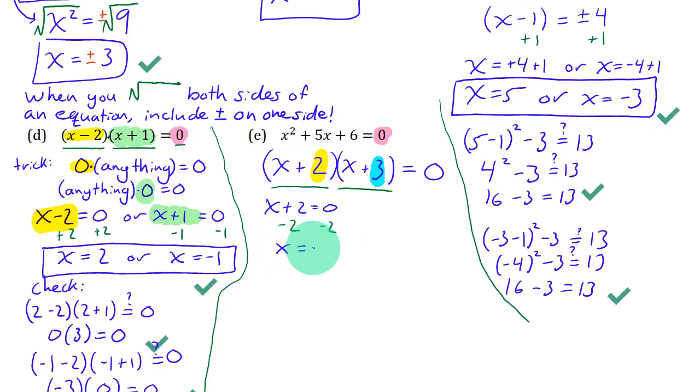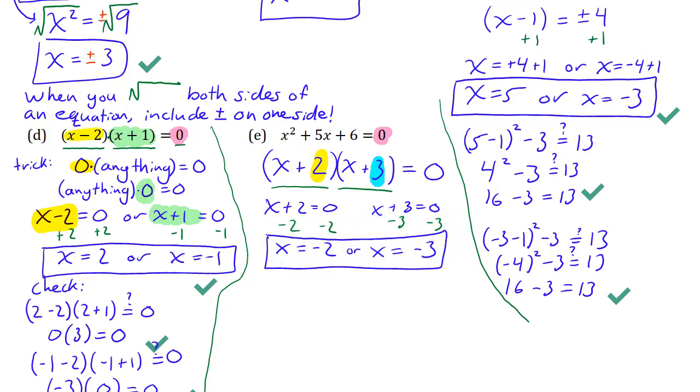That will give you x equals negative 2. Or if you take the x plus 3, that could be 0 too, and subtract 3 from both sides, you'll get x equals negative 3. So those are your two solutions of this one. And it's a good idea to plug them into the original one to check.